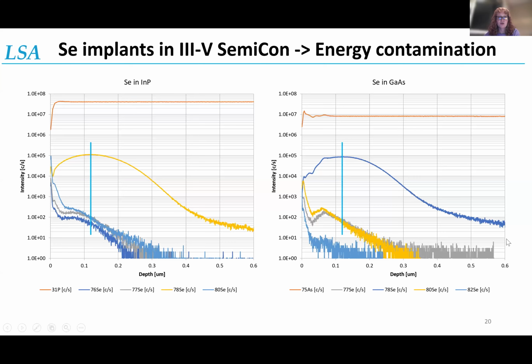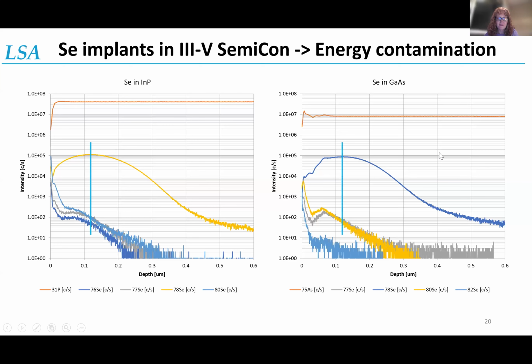There's not much research on why this energy contamination happens, but because the ion implants of the minor isotopes aren't at the same energy as the major isotopes, it doesn't influence the electrical properties of the semiconductor. So when we are doing ion implants for semiconductor work, we can exclude and disregard this energy contamination from the dosage.